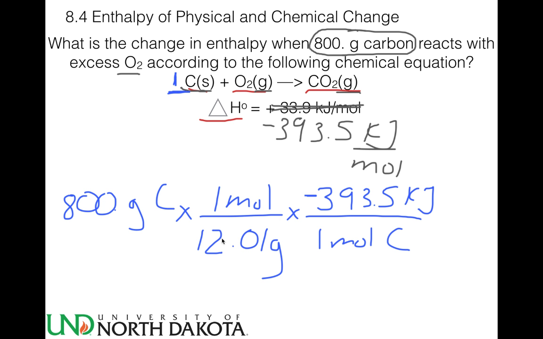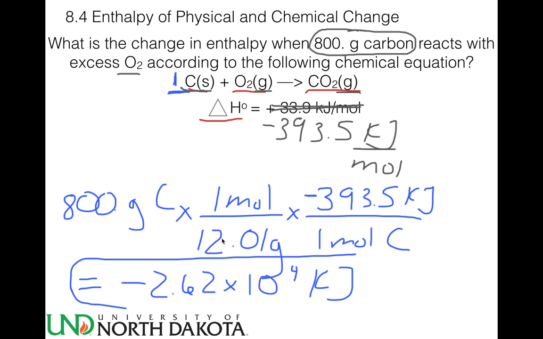Now, to solve for this, we'll multiply 800 by negative 393.5 and divide by 12.01. The value here would be negative 2.62 times 10 to the 4th kilojoules. So when we react those 800 grams of carbon with excess oxygen, we will release 2.62 times 10 to the 4th kilojoules of enthalpy.